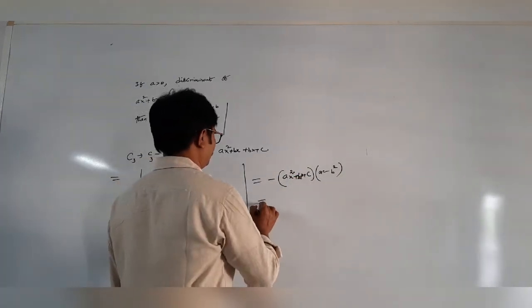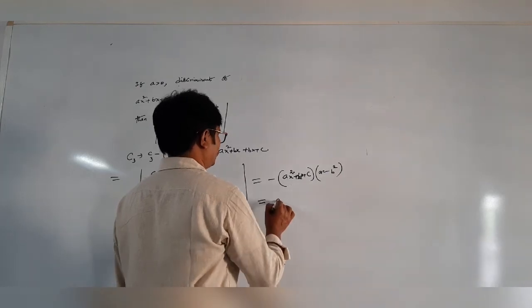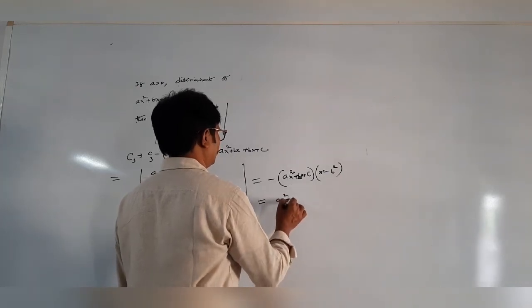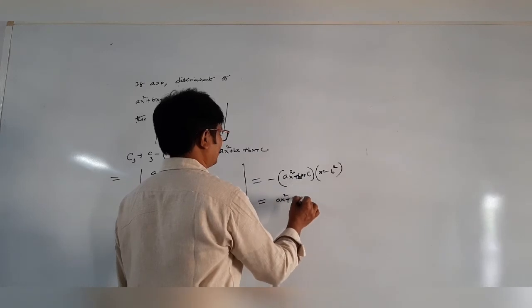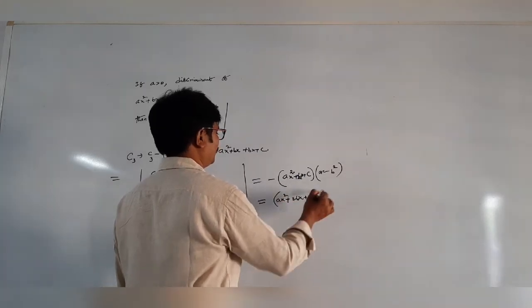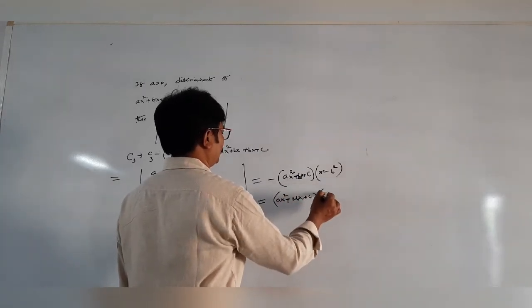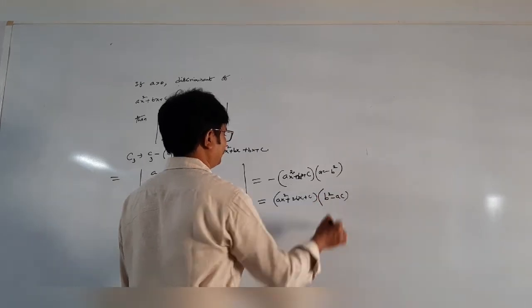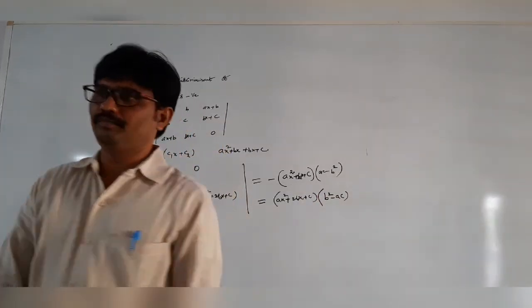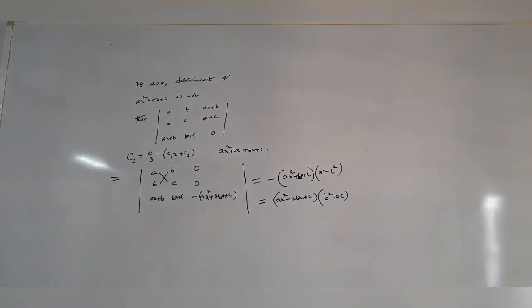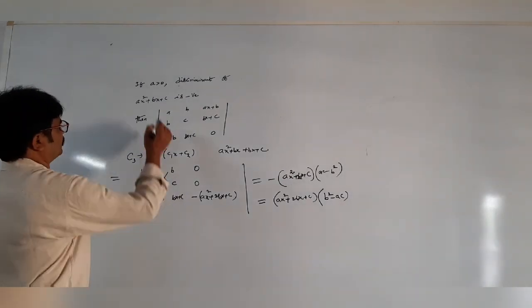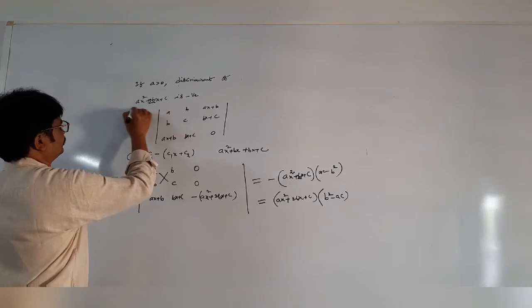2bx. Now undoubtedly what are we doing? Ax square plus 2bx plus c. What is this? B square minus ac. Clearly, here ax square plus 2bx.